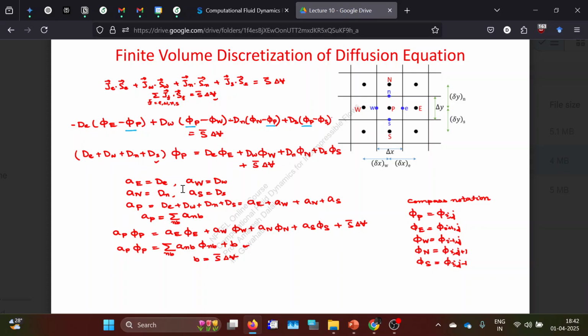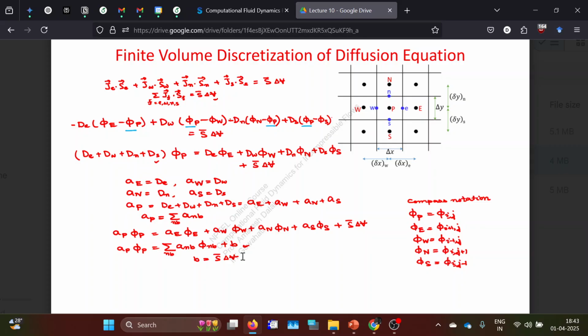But you can extend this to unsteady diffusion, then unsteady convection diffusion problems as well. Then what is done in practice is this form, this equation, aP equal to summation of aNB phi NB plus b. This standard form is cast every time.